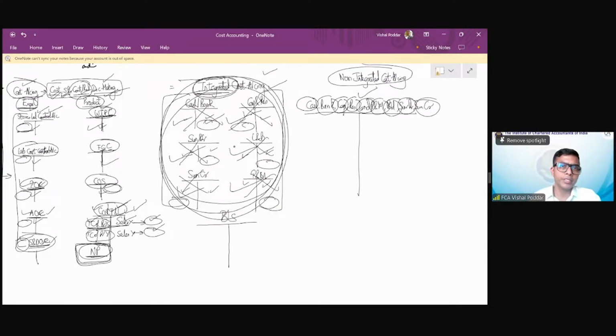Now, what will happen in this? When I purchase material, the material account is debited and this account will get credited. When I make payment to labor, the labor account is debited and this account is credited. Now, it may be in cash, it may be on credit, it may be by way of loan. Whatever it is, one single account will be credited.